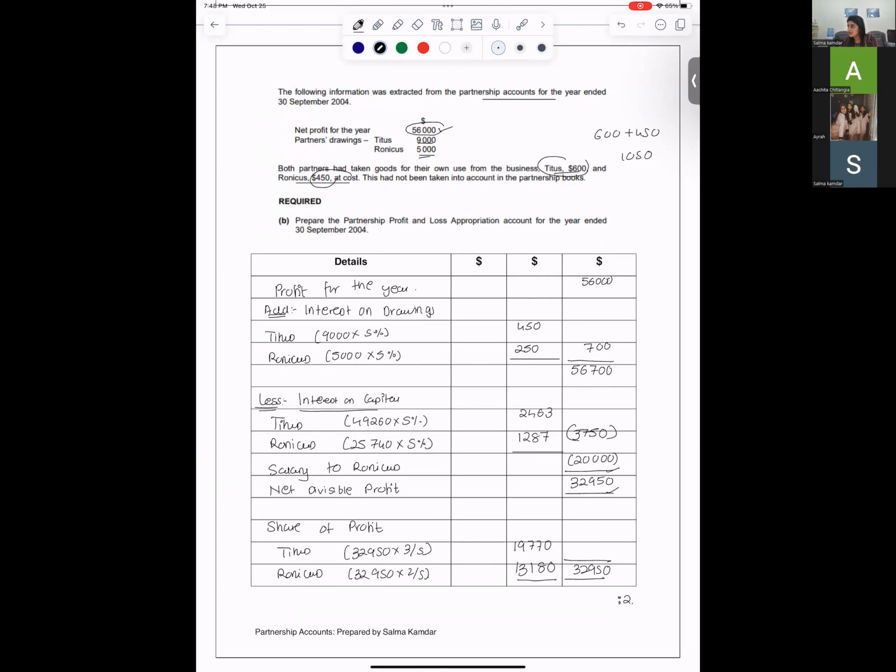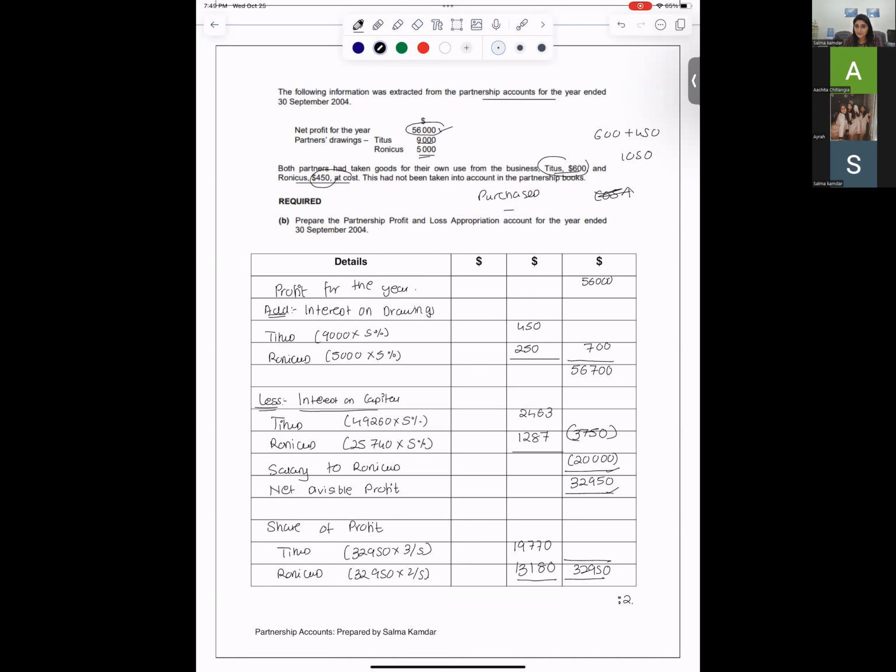If this is taken away from the business, the cost of sales should increase by 1050. Now we subtract goods for own use from the purchases, right? That means we reduce our cost by 1050.